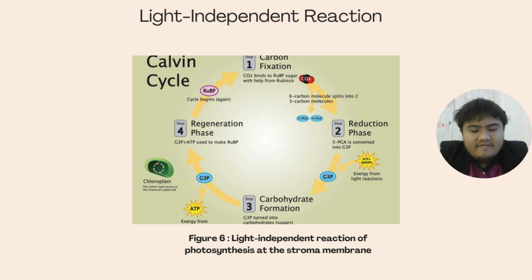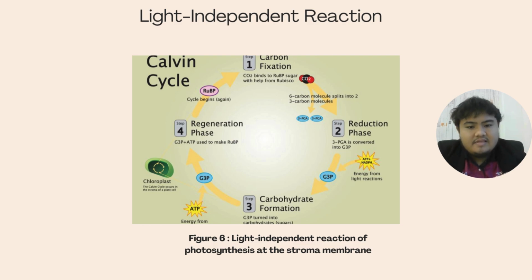Let me explain. The first step is carbon fixation. This begins when a carbon dioxide molecule is attached to a 5-carbon sugar, ribulose bisphosphate, RuBP. In this stage, the reaction is catalyzed by the enzyme RuBP carboxylase, rubisco.